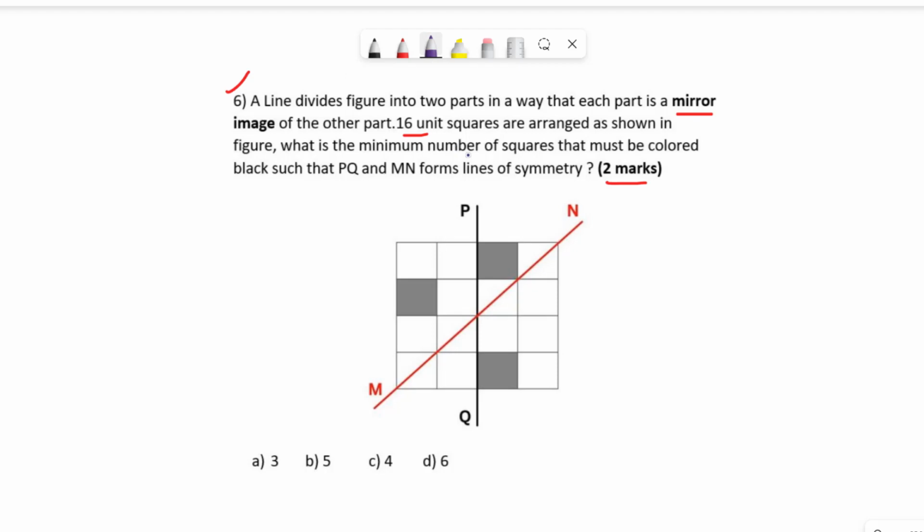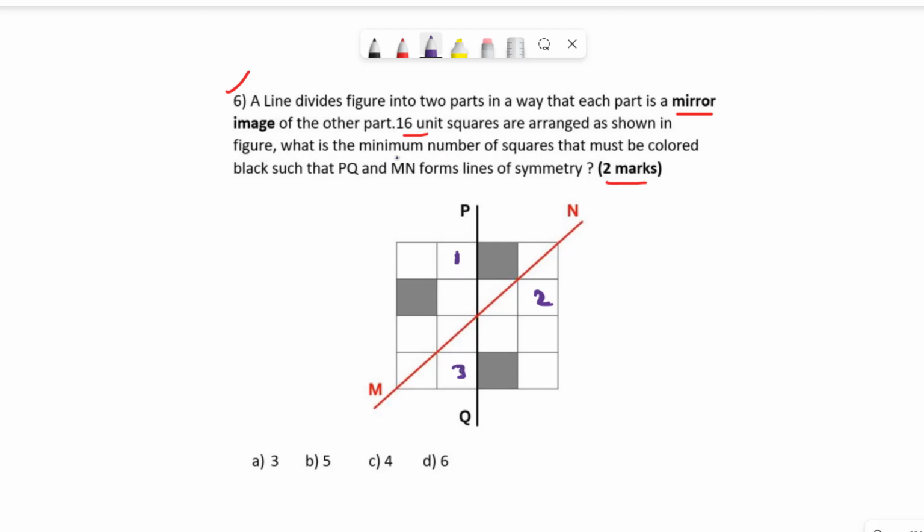First, if I want these complete boxes to be symmetric about P and Q, I need to draw one box here. And I have one here, and this should be here. So 2. Here I have one black box, so here it should be 3. So what is the question?